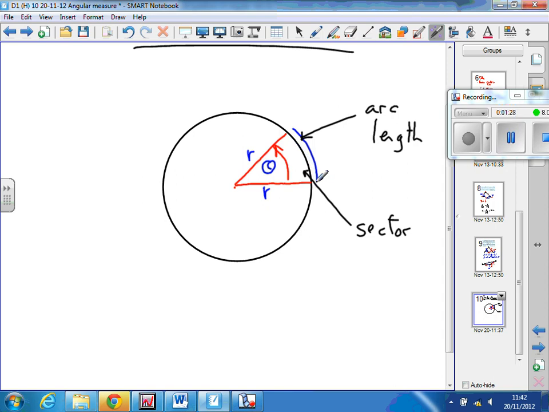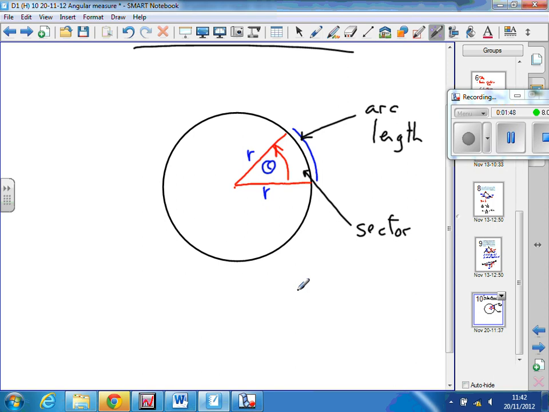We've got 1 radian. And if you've got that done, then if we think of a whole turn in a circle coming right round a circle, then that's 2 pi lots of the radius. And if we define 1 radian as the radius, then 1 complete turn is 2 pi radians.